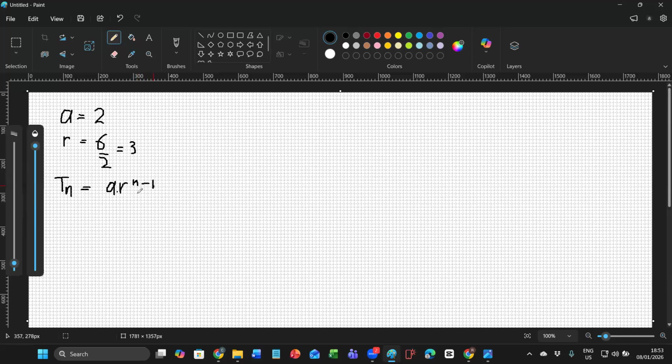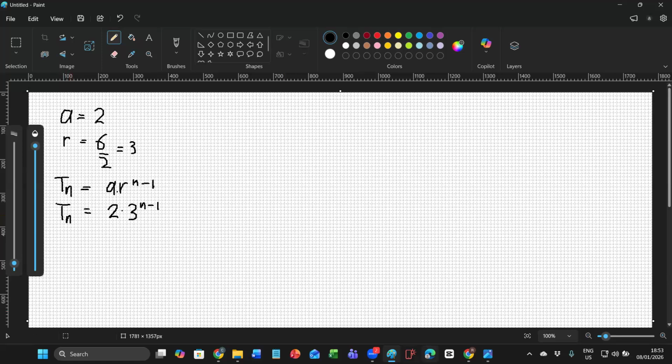Okay, so if we just substitute the things we have, that will be 2 times 3 raised to the power of n minus 1. So this is the nth term. This is how it should look.